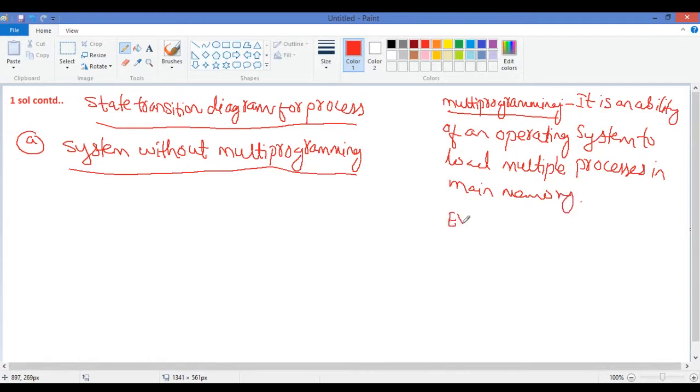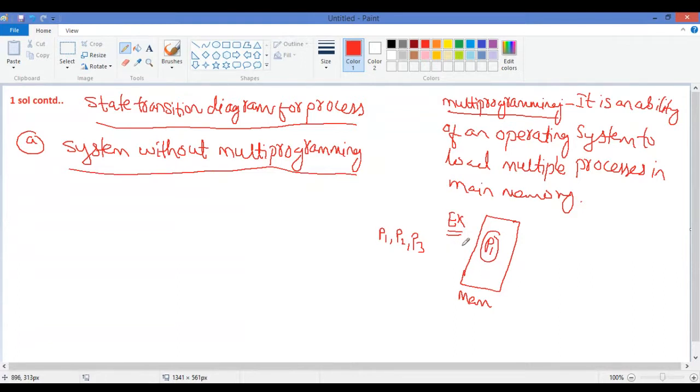Now I will give you an example. Suppose you have main memory. If the operating system has the ability to load only one process, suppose there are three processes for execution: process P1, process P2, and process P3. But one process is executing. The operating system is not allowing other processes to execute. Why? Because it has no ability to execute multiple processes in main memory.